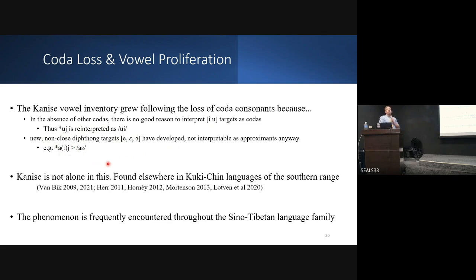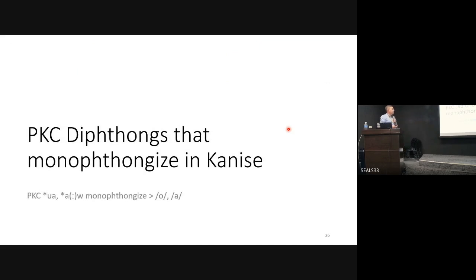So we end up with a ballooned vowel system when we lose the option to mark codas like that. And this is not just Kanise, this is in other southern area Kuki-Chin or South Central languages, and the phenomenon is frequently encountered throughout. It's about this proliferation of vowels with coda loss, so nothing surprising.